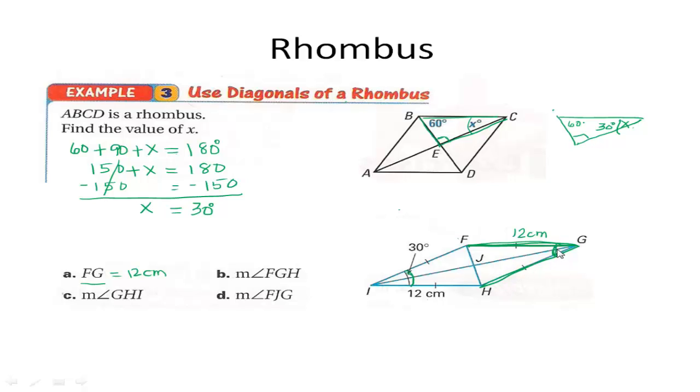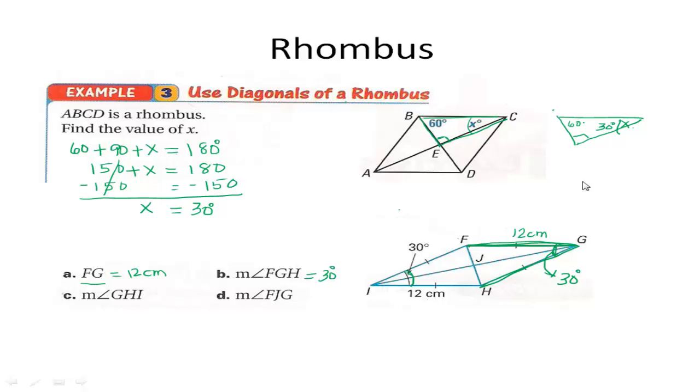Now notice this angle is opposite to this angle, and I know this angle is 30 degrees. And for parallelograms, opposite angles are congruent. So this is going to be equal to 30 degrees. For letter C, the measure of angle GHI.